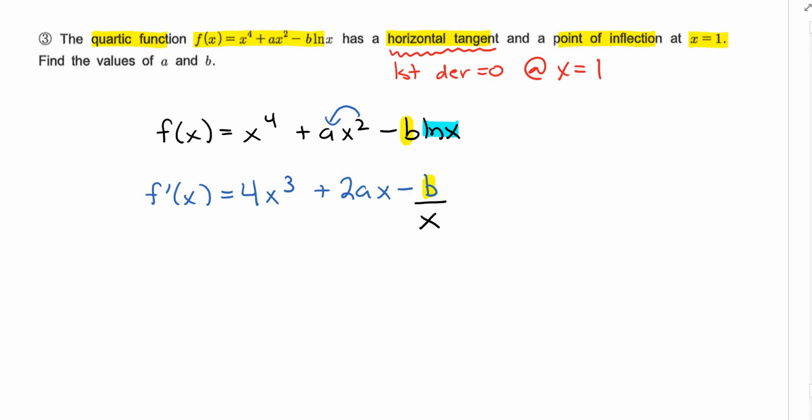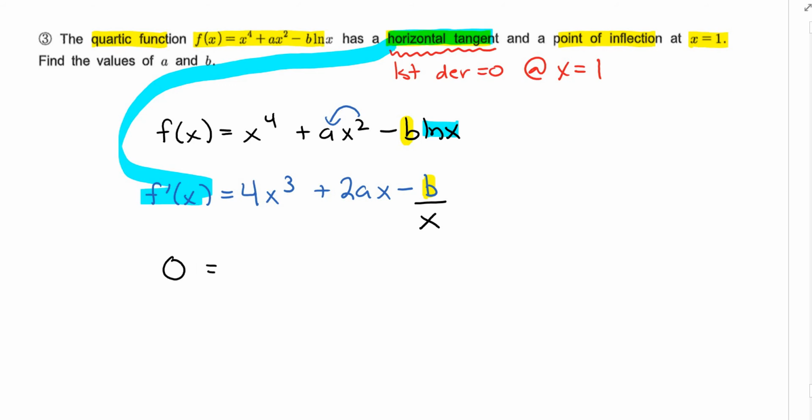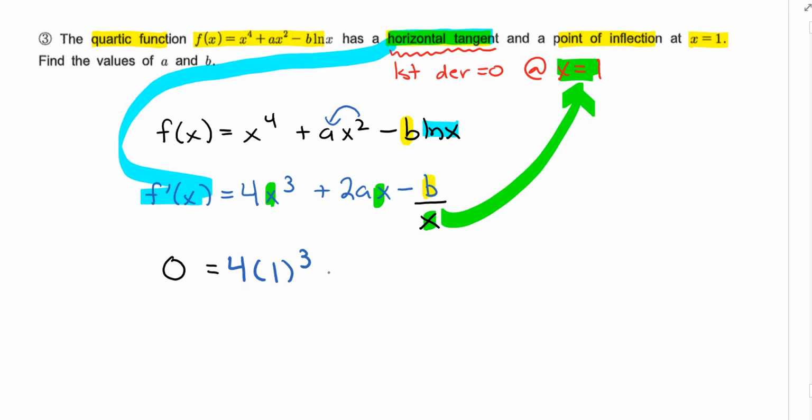And because I have this horizontal tangent line here, the horizontal tangent line literally means that the first derivative is equal to 0 when x equals 1. So all these x values will change to 1. So this will be 4 times 1 cubed plus 2a times 1 minus b over 1.